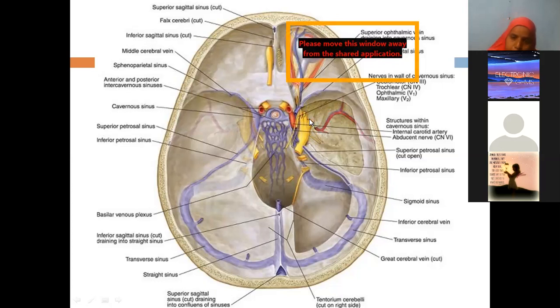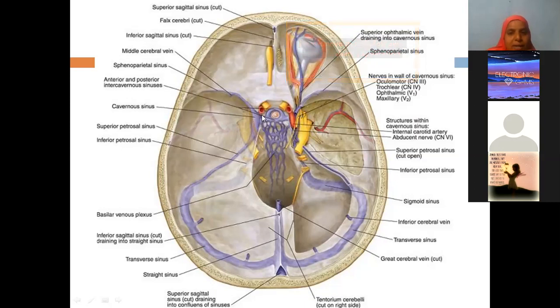Maxillary, mandibular. Very good. Now, the oculomotor, trochlear and ophthalmic division of the trigeminal will enter the orbit because they have to supply the extraocular muscles. So what is the area they should choose to enter the orbit? Superior orbital fissure. Very good.